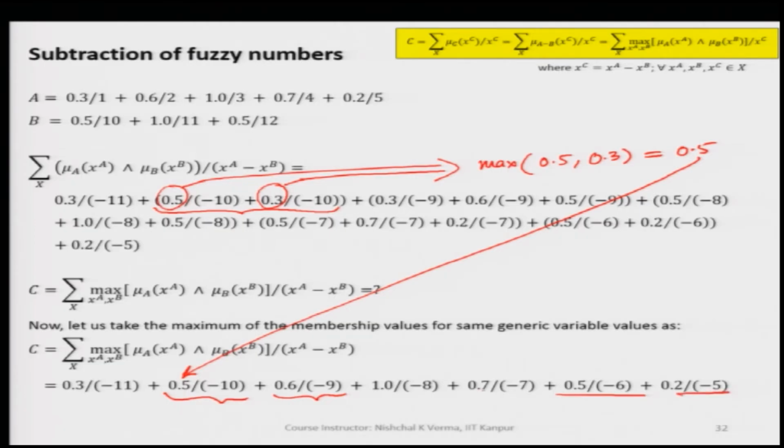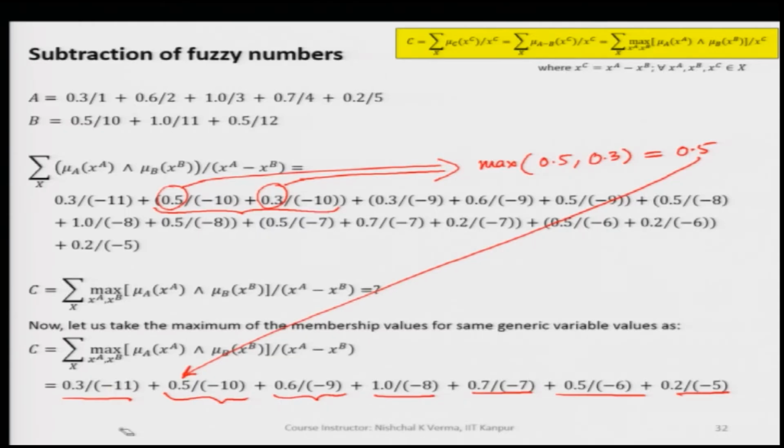So, all these terms we have got here, and now we can clearly see that there is no duplication, in the sense that we do not have more than one entry for any generic variable value. We have the generic variable value minus 11 and then minus 10, minus 9, minus 8, minus 7, minus 6, minus 5 like that.